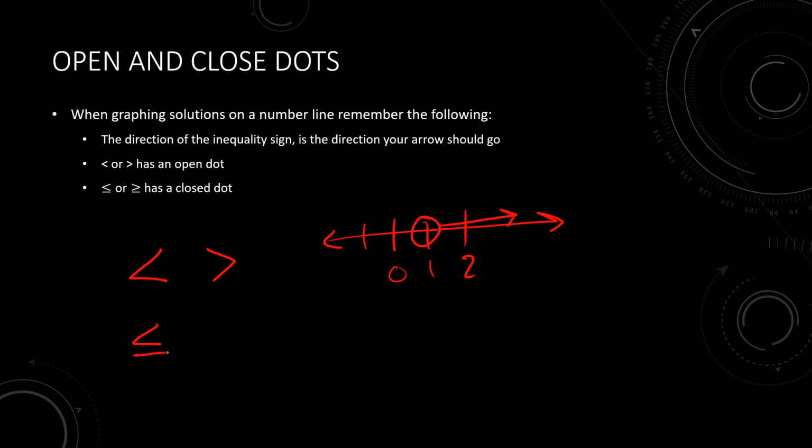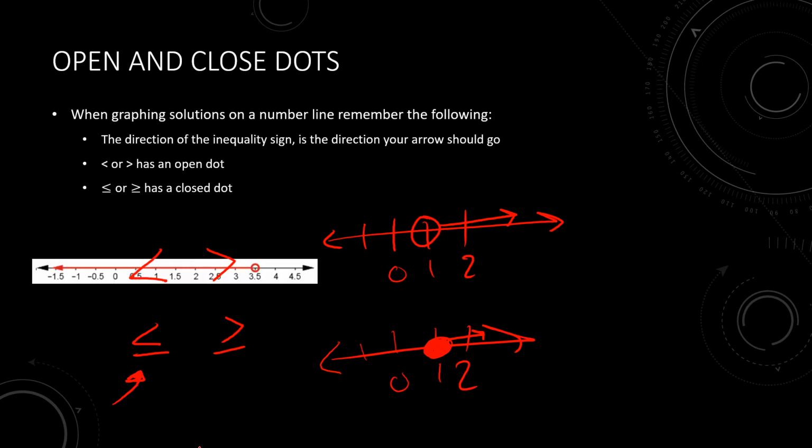And if you have less than or equal to, or greater than or equal to, that is going to take your circle that you plot on your number line and you're going to fill it in. Okay, so that's going to be a closed dot. So if you have the or equal to, the little bar underneath your inequality sign, you're going to have a closed dot. Okay, so let's do some examples.